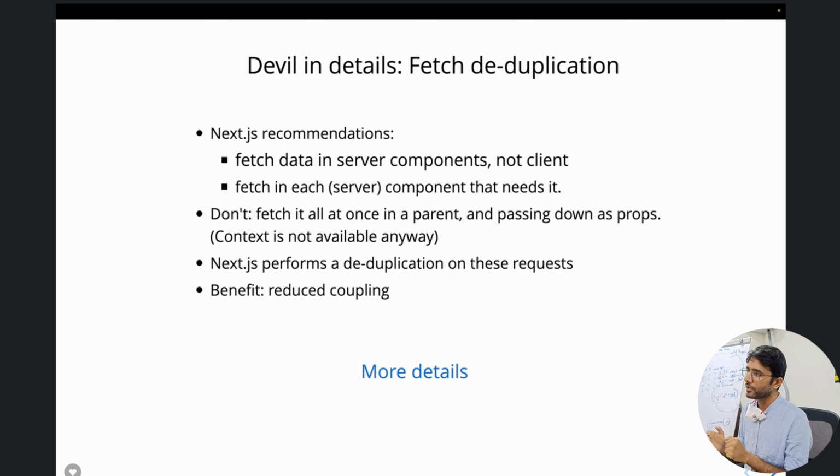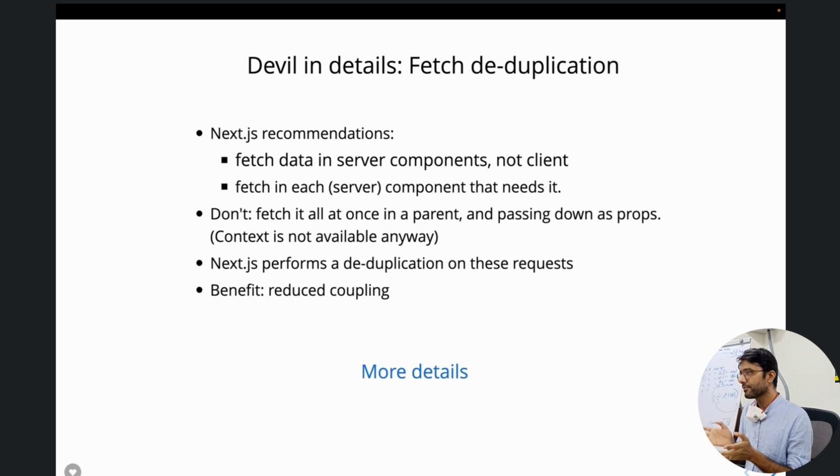What we usually do is load as much data as possible in a single go in a top-level component and usually go for something like Redux or state management where this data is handled. Or if not, then use the context API and pass it along. If not context, then pass it along using props, basically props drilling. That's not what they are recommending now.